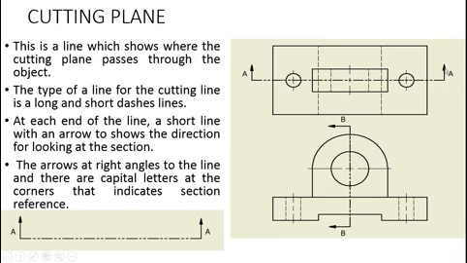You can see that the lines are pointing upwards, which means you're going to cut the drawing here in half, and then after cutting that drawing, you will look in the same direction. Which means you will look upwards here. I will make this clearer as we go further in this lesson.